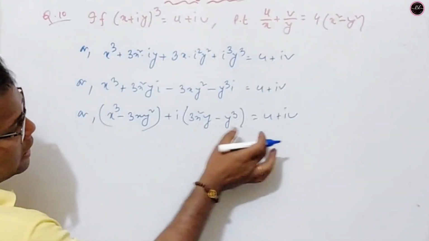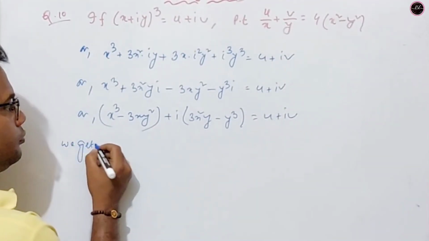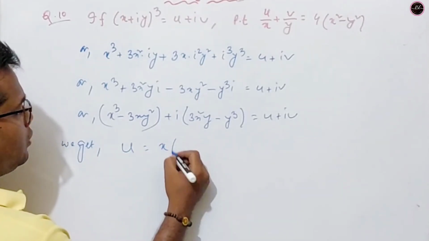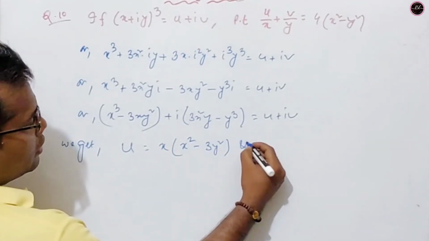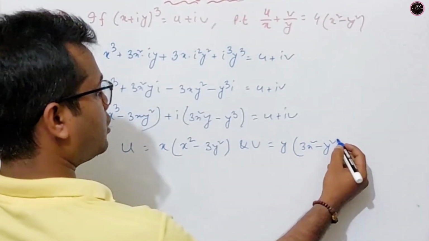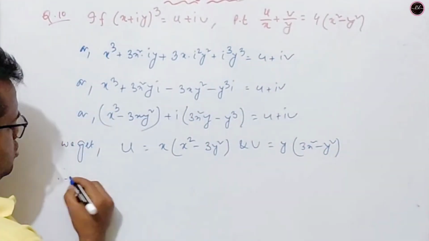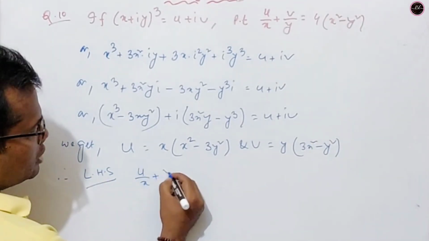Now comparing the real part and imaginary part, we get u equal to x into x square minus 3y square, and v equal to y into 3x square minus y square. Okay. Now LHS equal to u by x plus v by y.